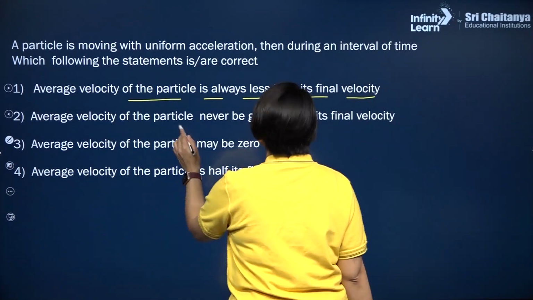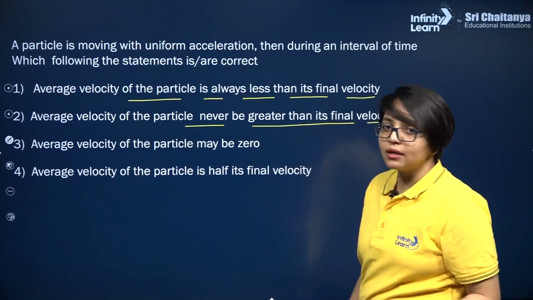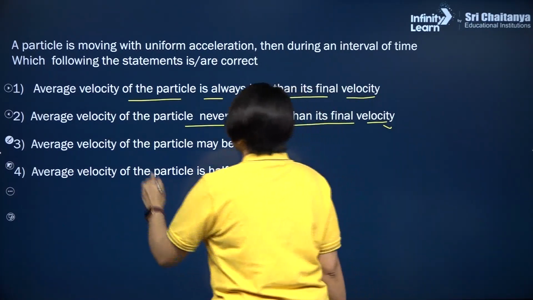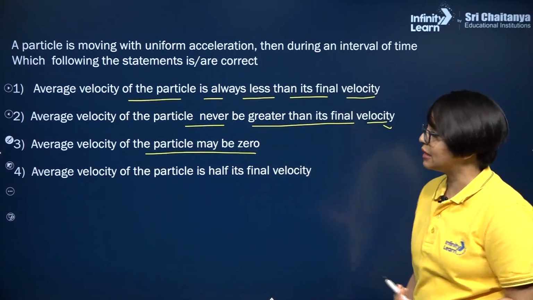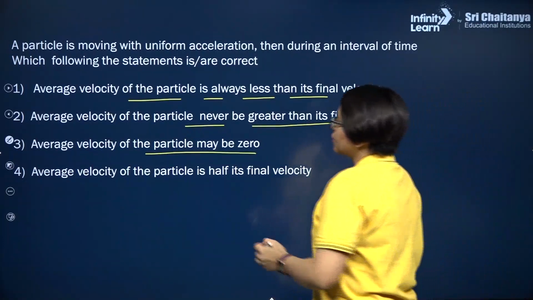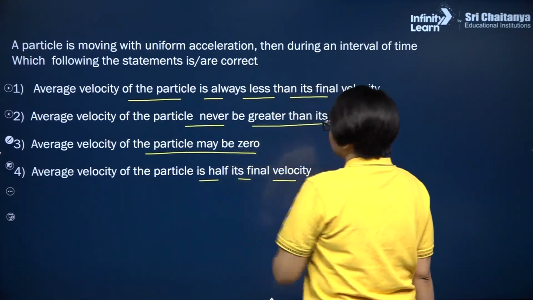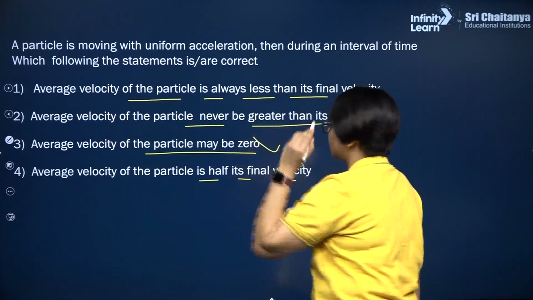Average velocity of the particle can never be greater than its final velocity? No, it can be greater. Average velocity of the particle may be 0? Yes, average velocity of the particle may be 0 if the total displacement of the particle is 0. Average velocity of the particle is half its final velocity? No, it is not always true, right? So the correct answer is option 3.